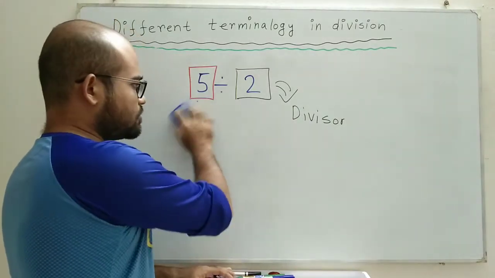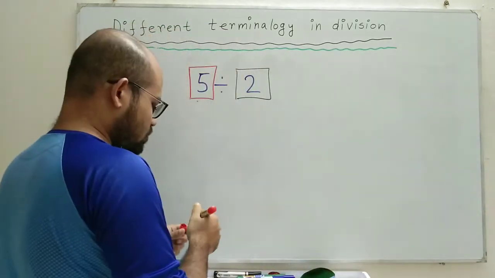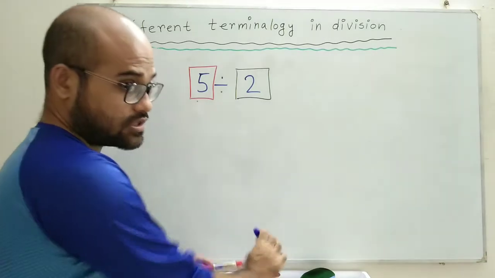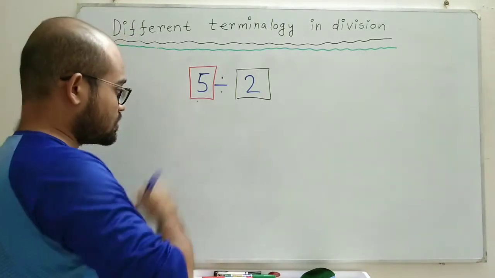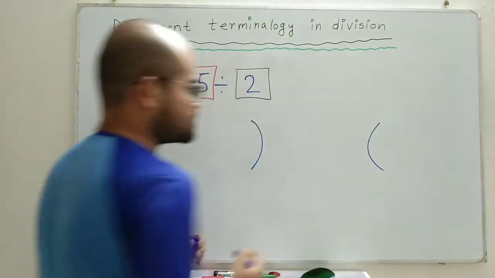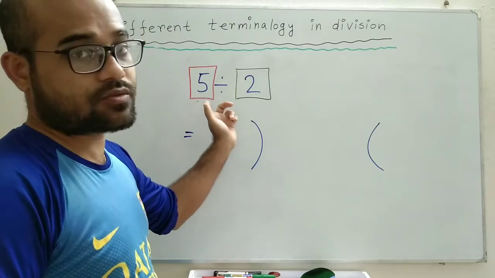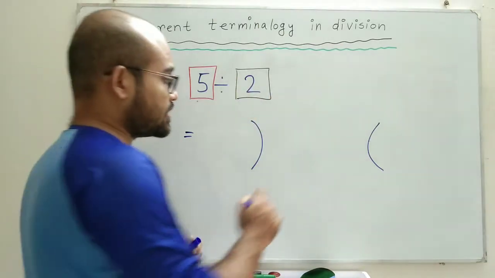So let me clear up the board a bit to give me some space. So what do we have to do at first in order to carry out the division process? Well, we have to draw two inverted brackets. And in between, we will have to write the dividend, which is in this example 5.